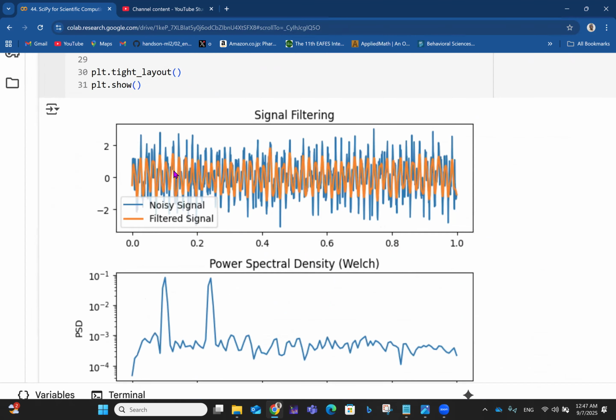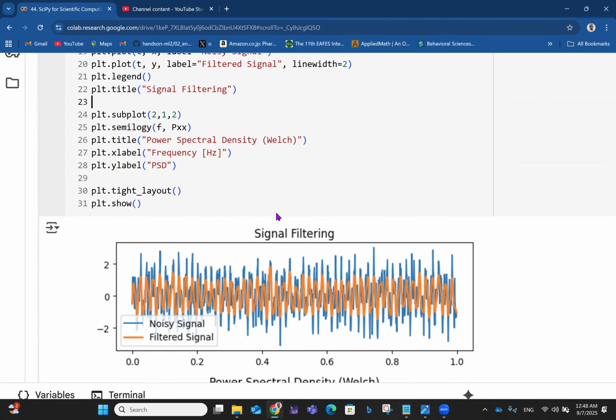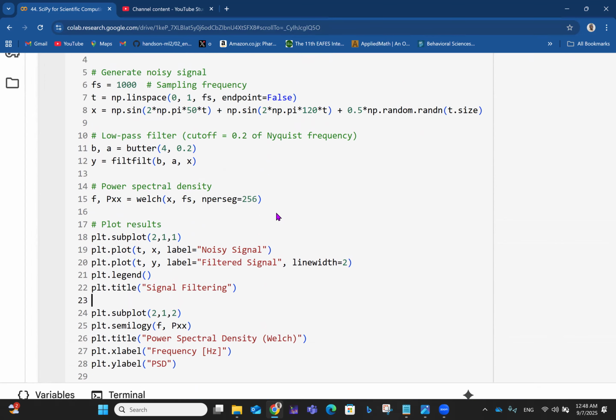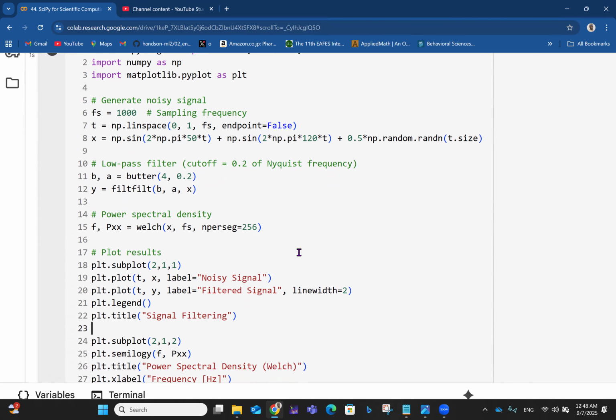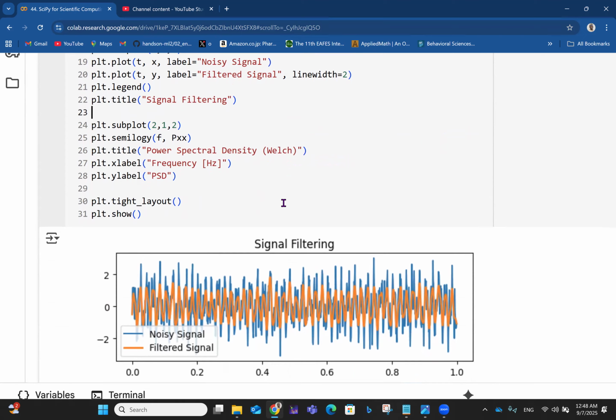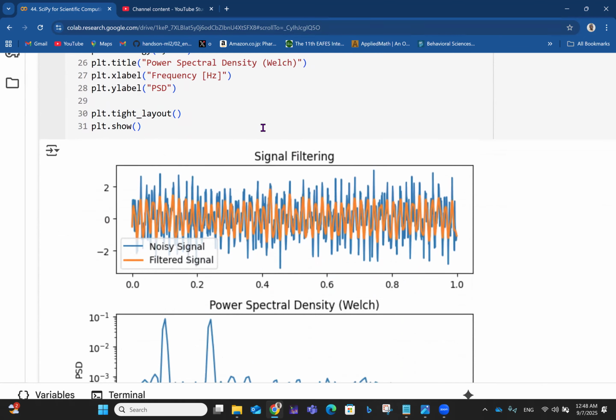The noisy signal is the blue signal, but the filtered signal is the orange one, all right? After we have filtered it out like that, you have the noisy and the filtered signal, okay? So we have all of that, as you can see here.